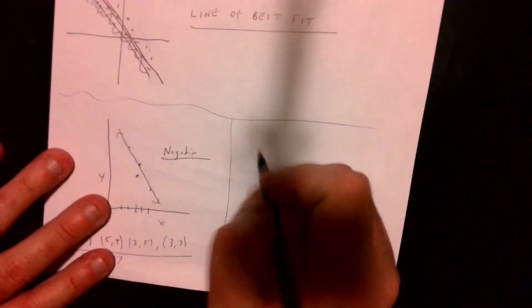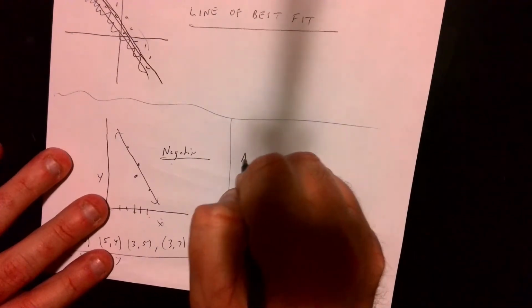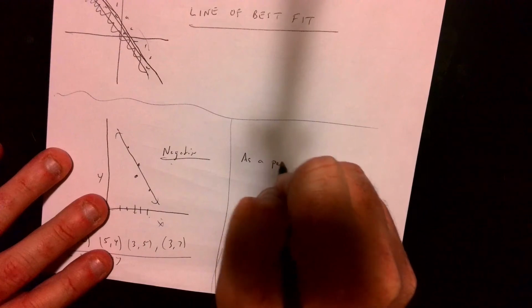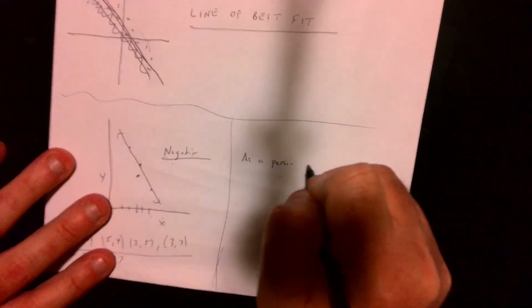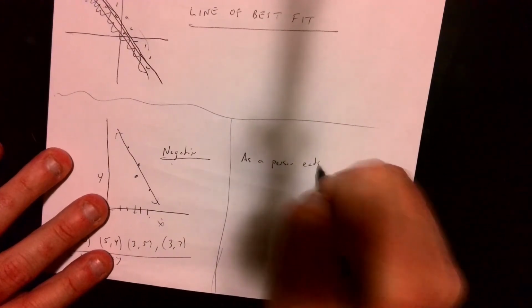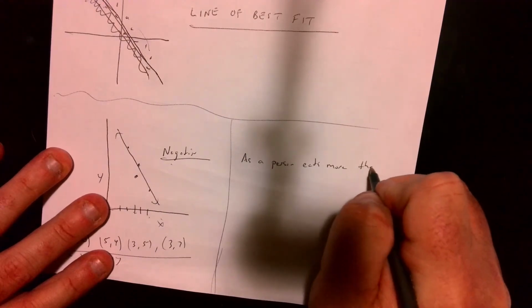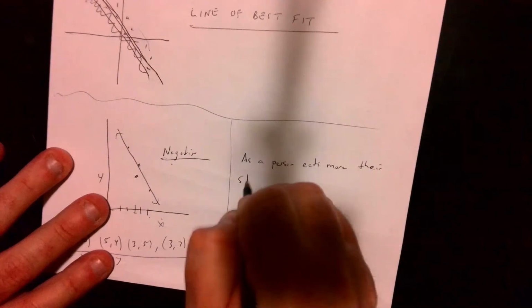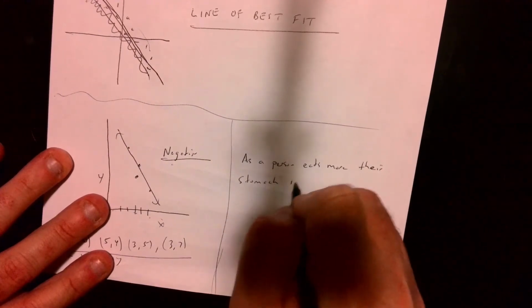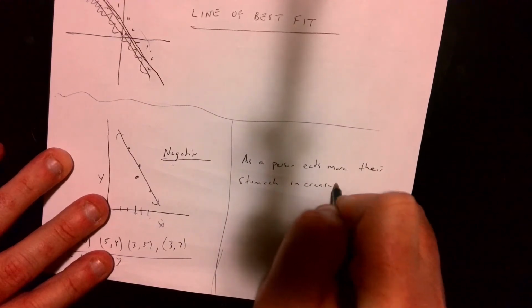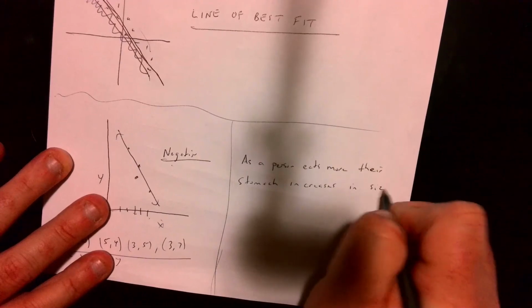So it might say this: as a person eats more, their stomach increases in size.